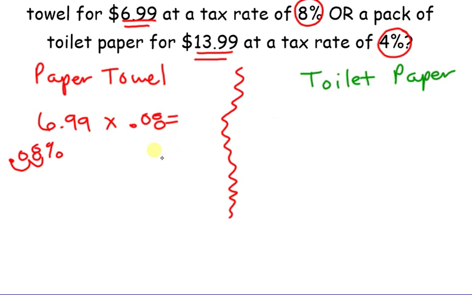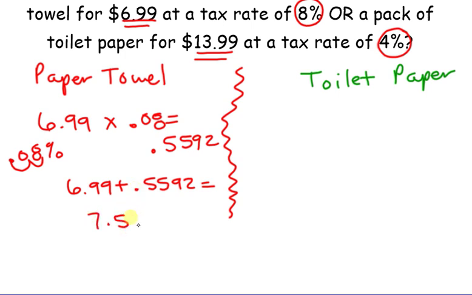And that's going to give us 0.5592. Add that back to the original price, so 6.99 plus 0.5592. All right, you're going to get 7.5492.